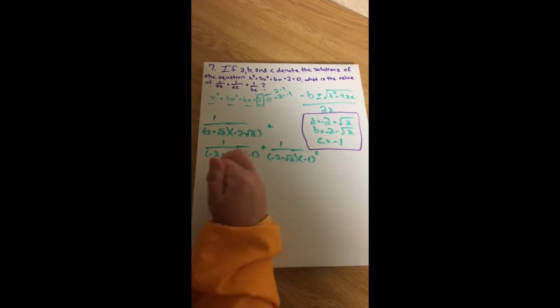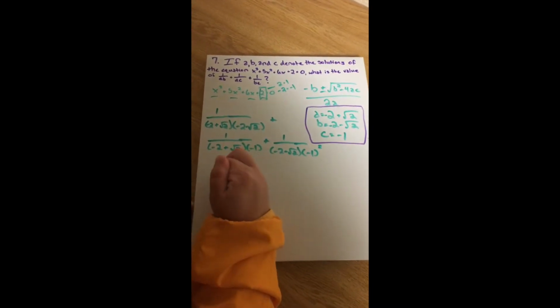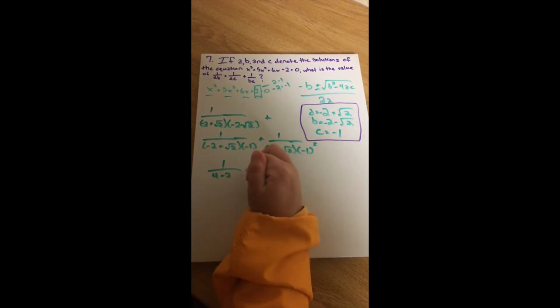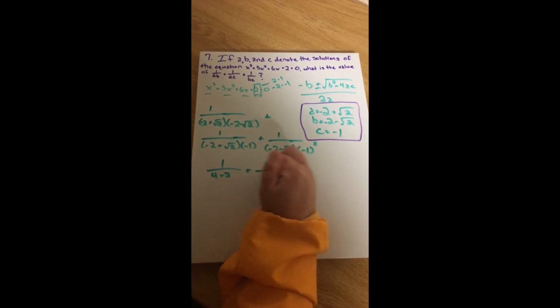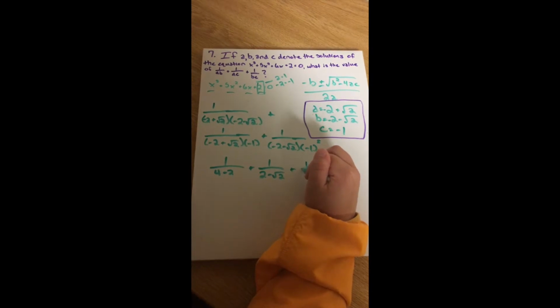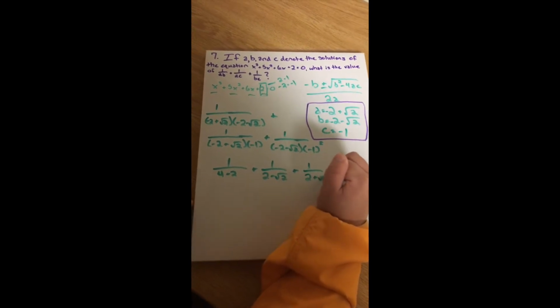So now you can just simplify this, and you get 1 over 4 minus 2 plus 1 over 2 minus root 2 plus 1 over 2 plus root 2.